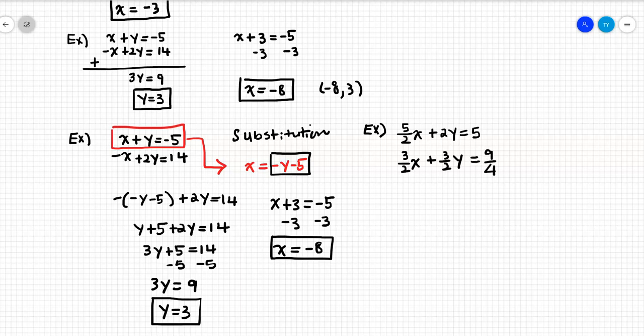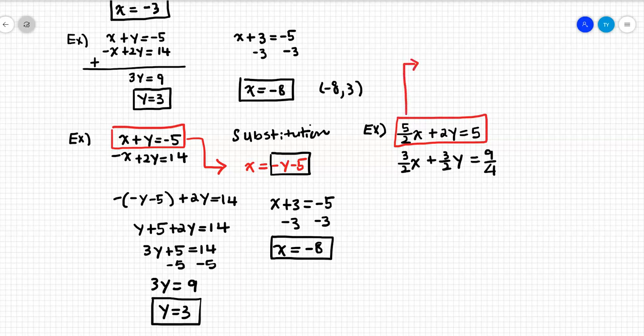Okay. You can use either method here, so why don't we just rewrite this?